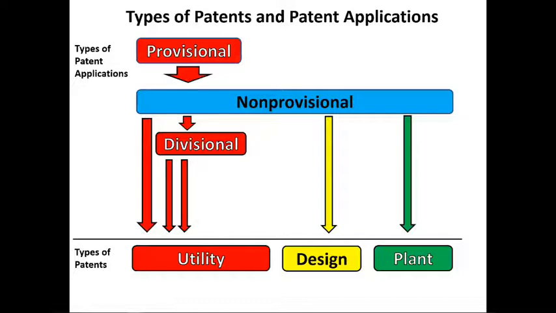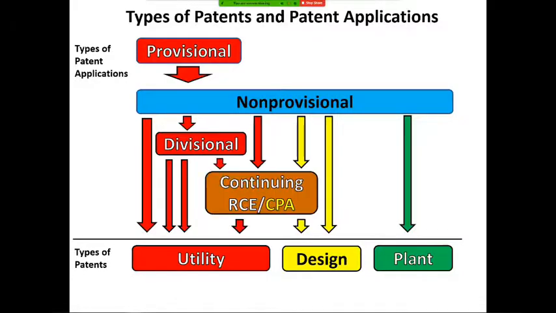So that's all good. But things can also get more complicated if during this examination process the examiner says no to you, not once but twice, and you only get two chances. And if you give up after that second chance, your application would become abandoned and you would never get a patent on that invention. But you can, however, get a continuation of the examination by requesting a continued examination if it's a utility application, or you can file a continuing prosecution application if it's a design application.